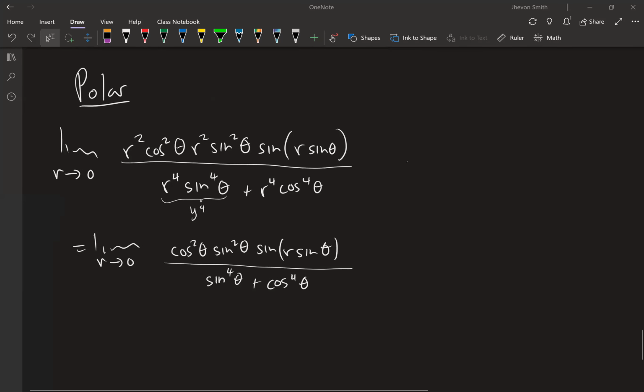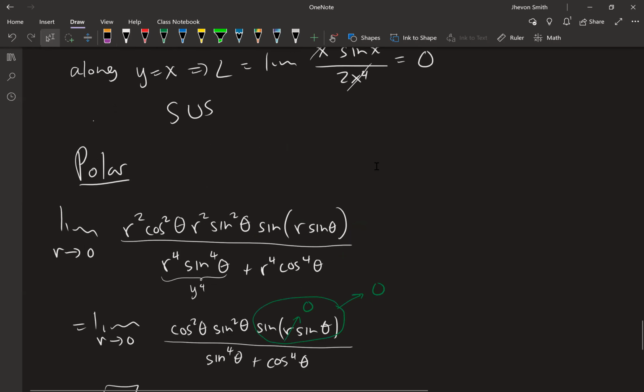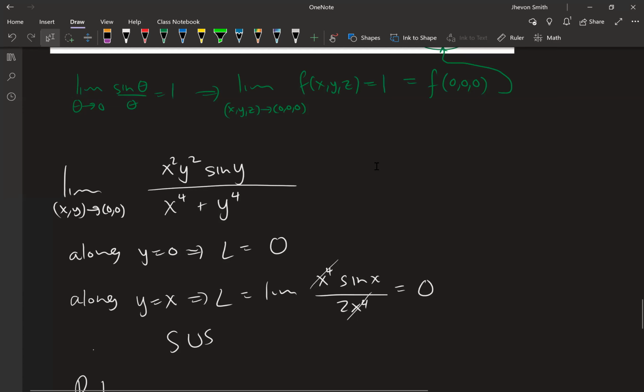And now you'd realize that the inside here is approaching 0. So then this whole thing approaches 0. So that exists and it equals 0.